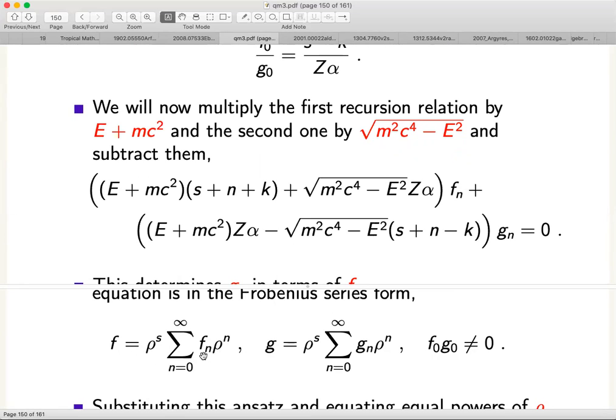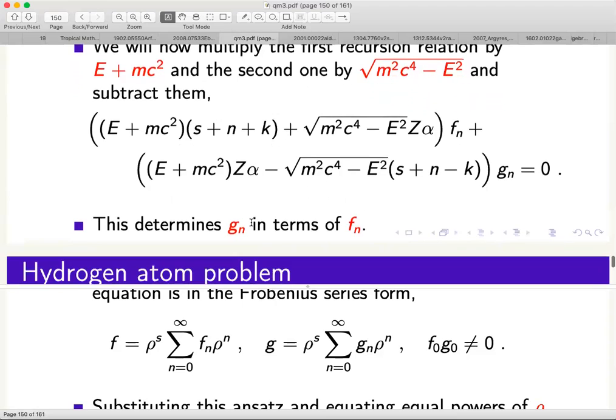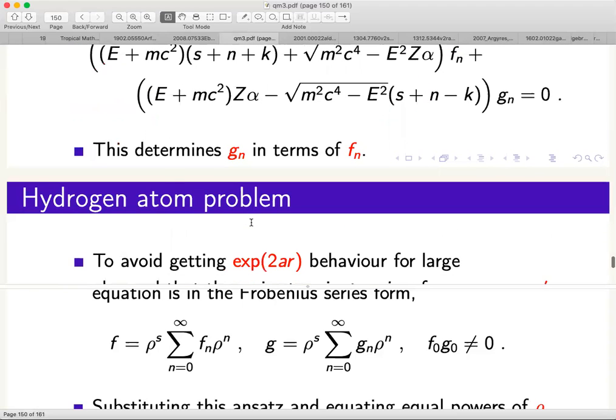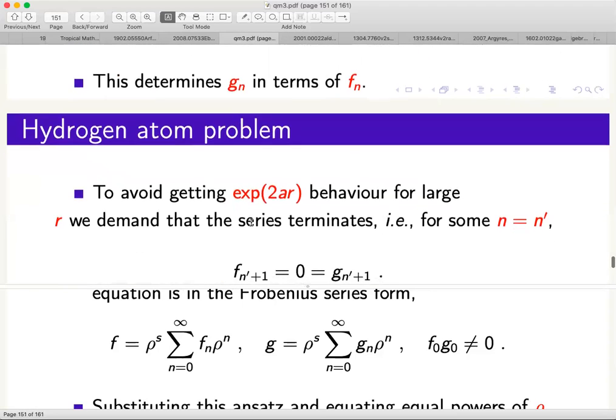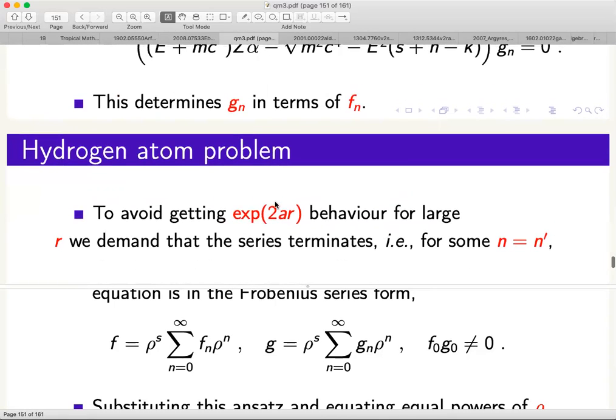The large rho behavior will be determined by the large powers of rho, so fn with n large, similarly gn with n large. That solution would go as e to the 2ar.